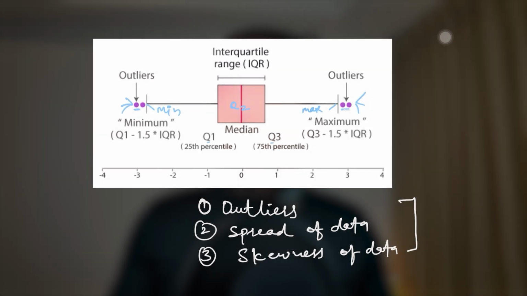The whiskers represent the outliers, the minimum and maximum represent the spread, and the skewness is represented by the median. If the median is shifted to the right, then we can say it is a little bit skewed on the right, and if the median is on the left, then it is a little bit skewed on the left side. Let's understand this one by one.